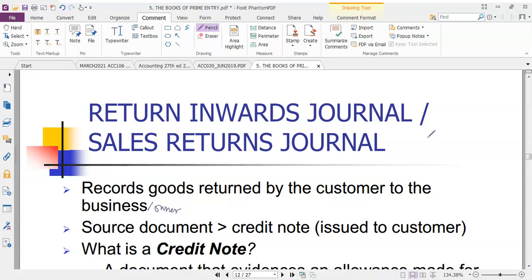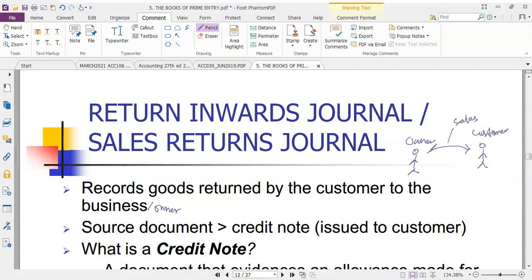Owner dah sales, sold good to the customer, right? Nama dia adalah sold good ataupun sales. Kita akan record sebagai sales.